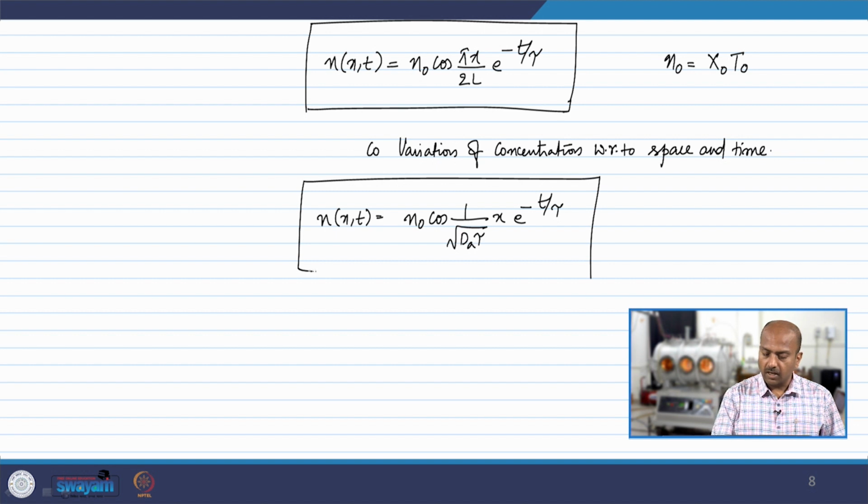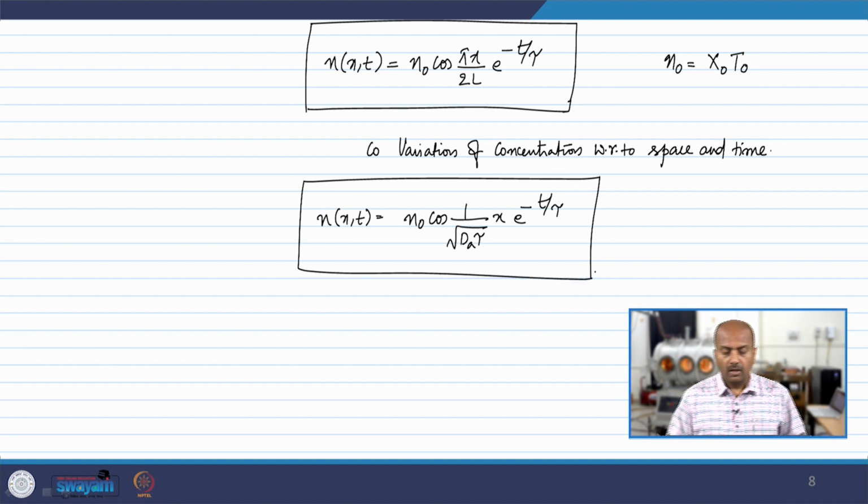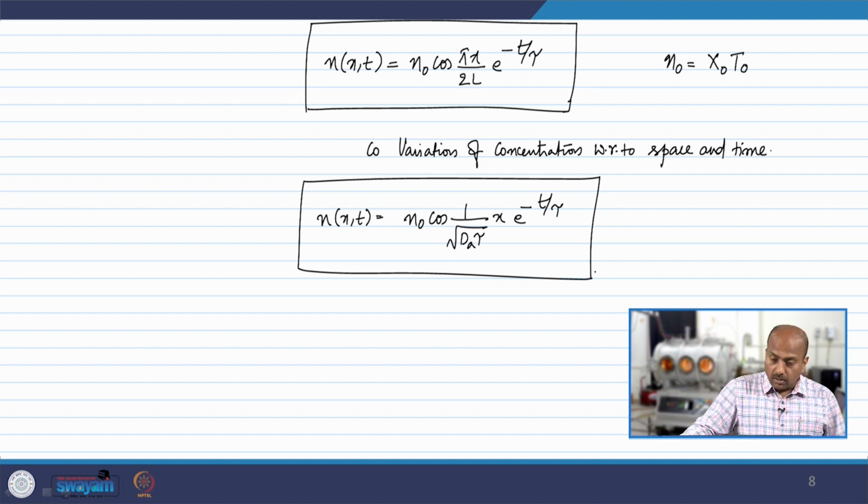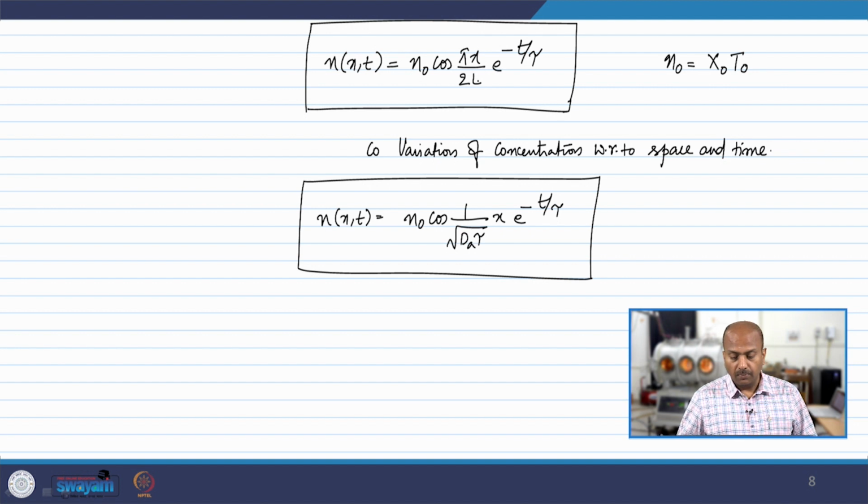So, what I was trying to say is the rate at which density changes with respect to time can be seen with increasing value of L. So, the time constant will increase with respect to L and will decrease with respect to the diffusion coefficient.